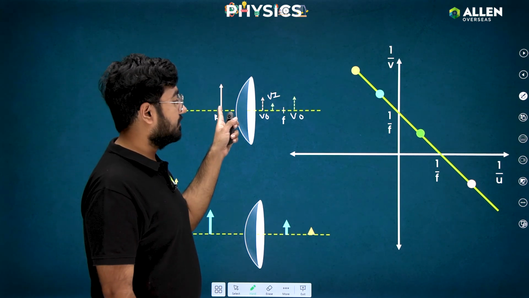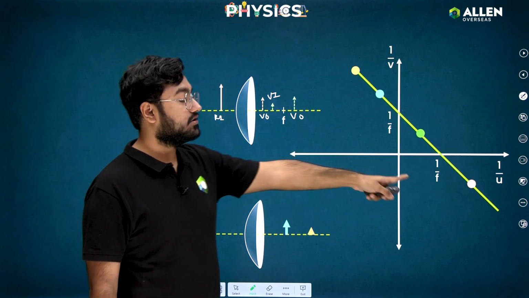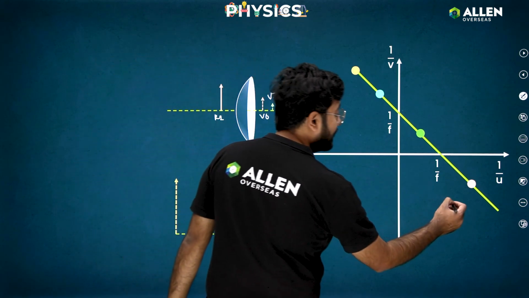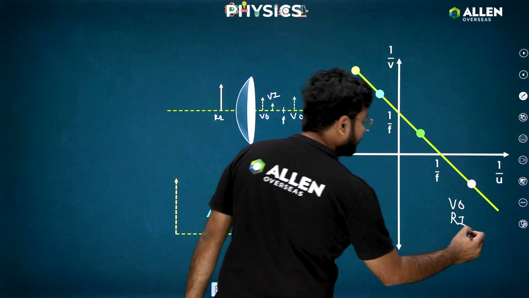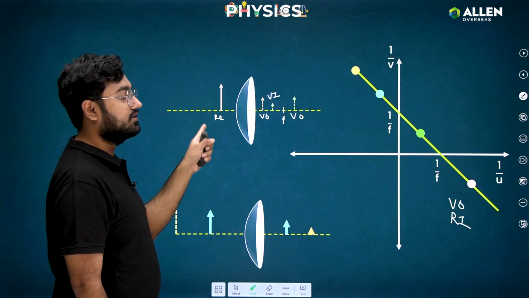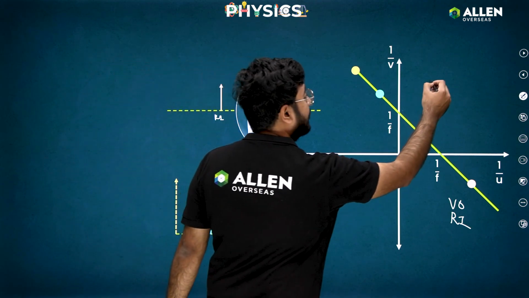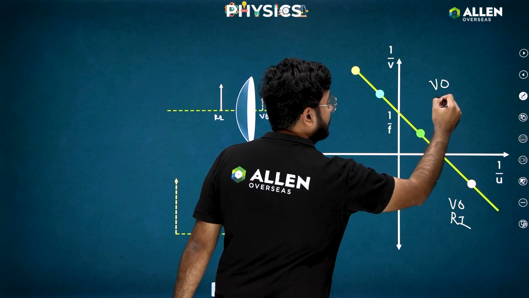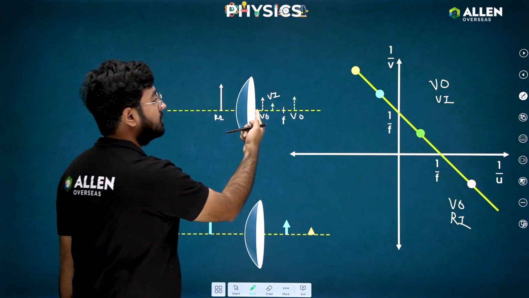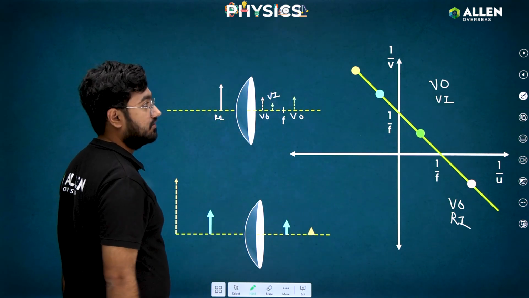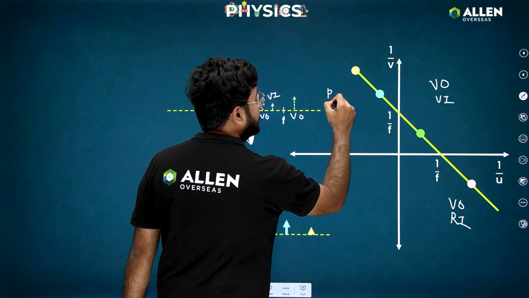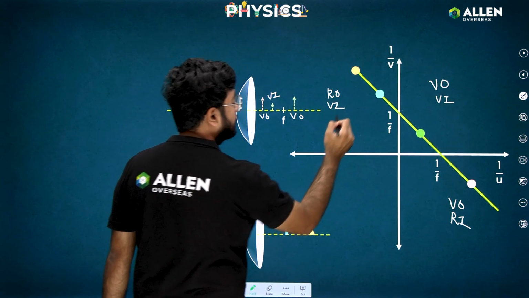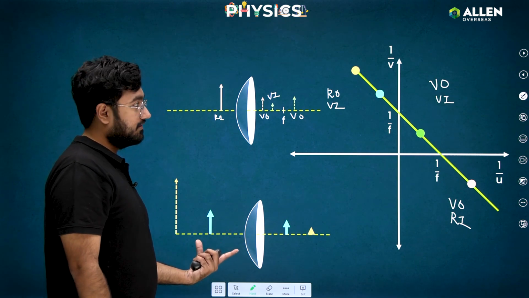So see the color. For cream, you have virtual object, real image. You have virtual object, virtual image, the green one. Here you have real object, virtual image. Yeah, that is the general sense.